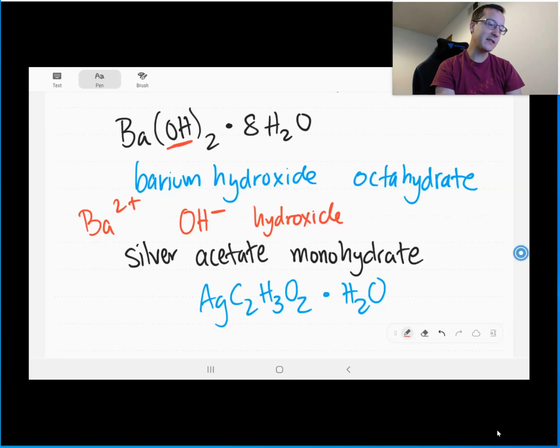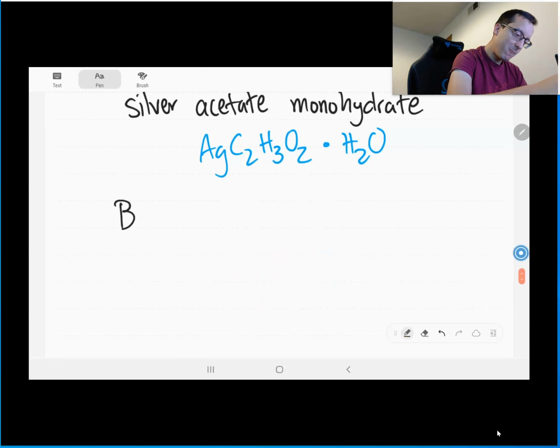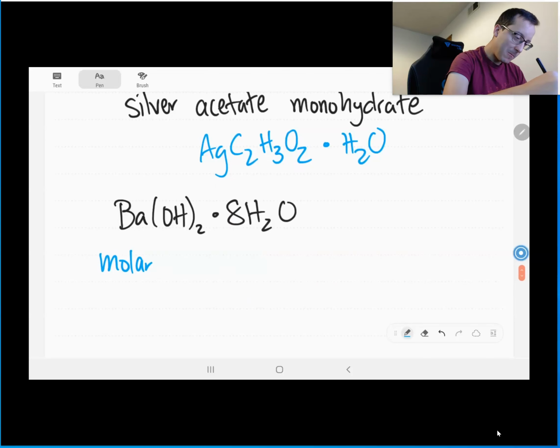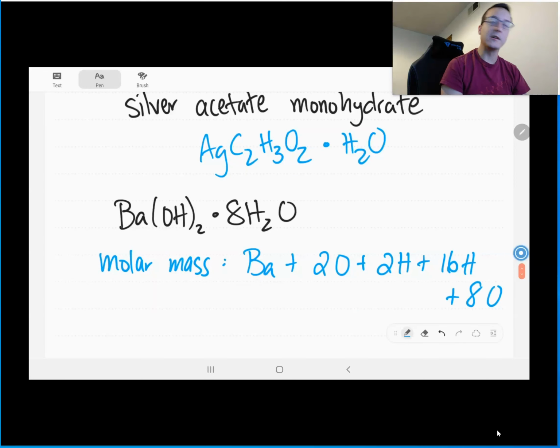We can actually go ahead and practice that. Okay, I'm going to scroll down. I'll just rewrite the first one. If we wanted to find the molar mass, we would have to do barium plus 2 oxygen plus 2 hydrogen plus 16 hydrogen plus 8 oxygen.